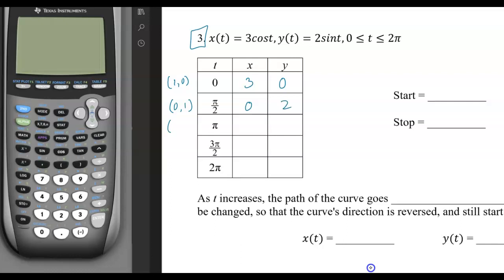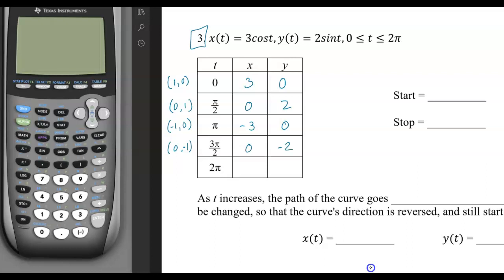What about pi? It has the point -1, 0. So what is our x value? -3. Good. And what's our y value? Wonderful. On our unit circle, our 3 pi over 2 has the point 0, -1. So what is our x value? 0. And what's our y value? Yes, you guys get it.